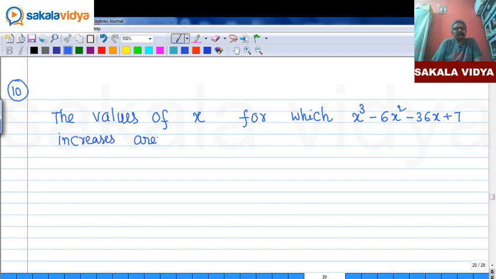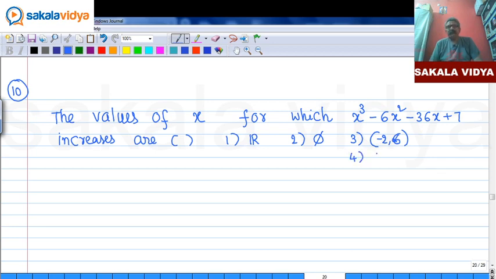First option R, second option null set, third option minus 2 comma 6, fourth option minus infinity comma minus 2 union 6 to infinity.